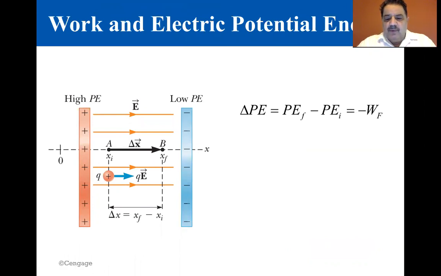Okay, as you recall, the work done by a conservative force F on an object only depends on the initial and final positions of the object and not on the path taken between those two points. This means that a potential energy function exists. Potential energy is a scalar quantity with a change in potential energy equal by definition to the negative of the work done by the conservative force, as shown here.